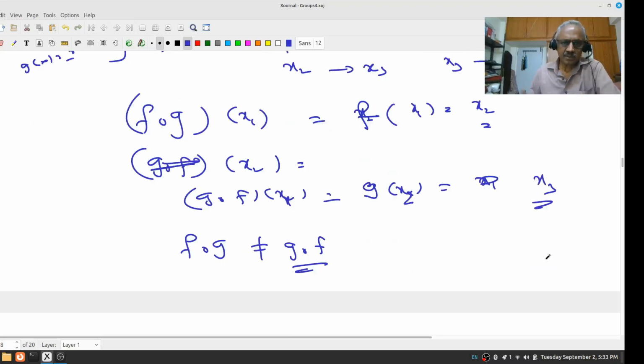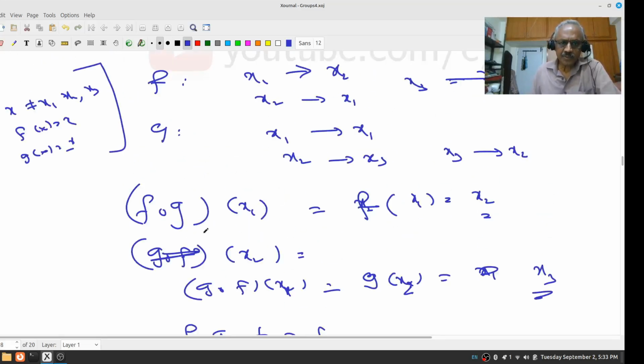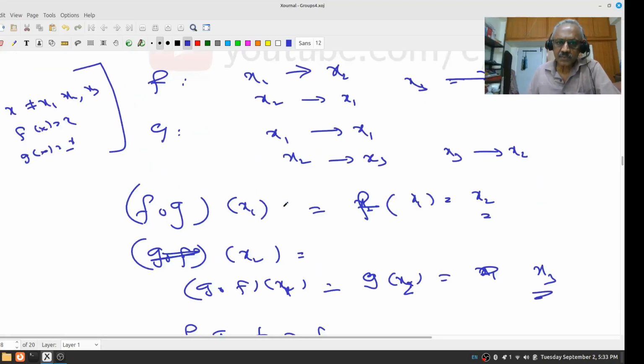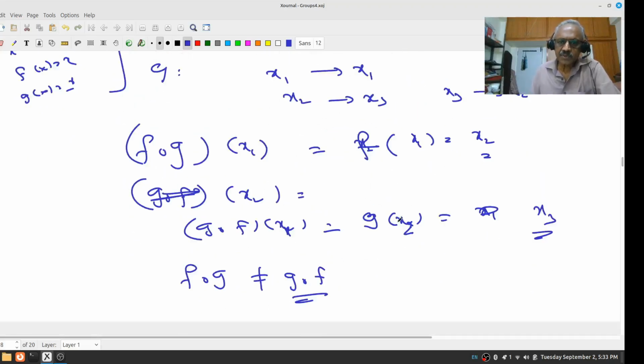Am I confusing? F composite g is f of g of x1, g of x1 is x1, and f of x1 is x2. Whereas g composite f of x1 will be: f of x1 is x2 and g of x2 is x3. Therefore, they are different.